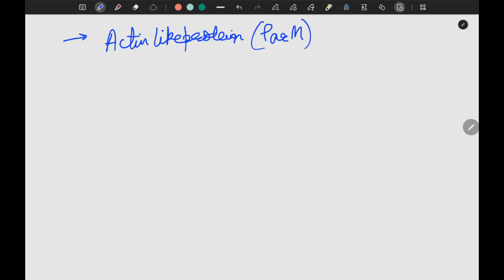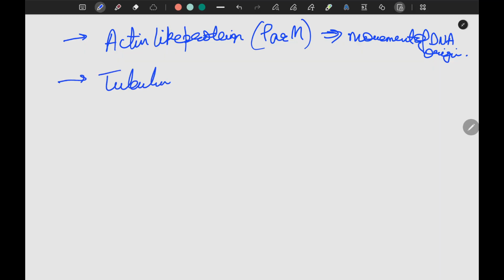This is done due to a protein called actin-like protein, which we can call ParM as per the scientists' research, which helps in the movement of DNA origins, the origins of replication. And second is a tubulin-like protein, FtsZ, as per the scientists' current research.